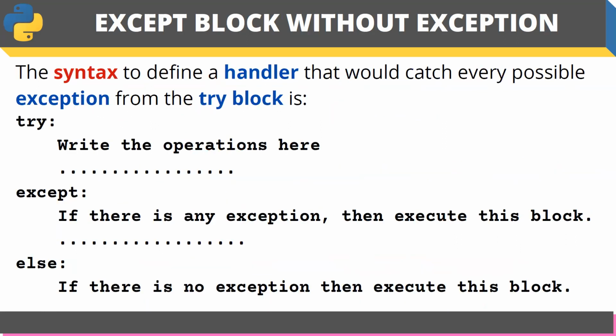This is the syntax to define a handler that would catch every possible exception from the try block: try, we write the operations in the try block, except, if there is any exception, then execute this block, else, if there is no exception, then execute this block.